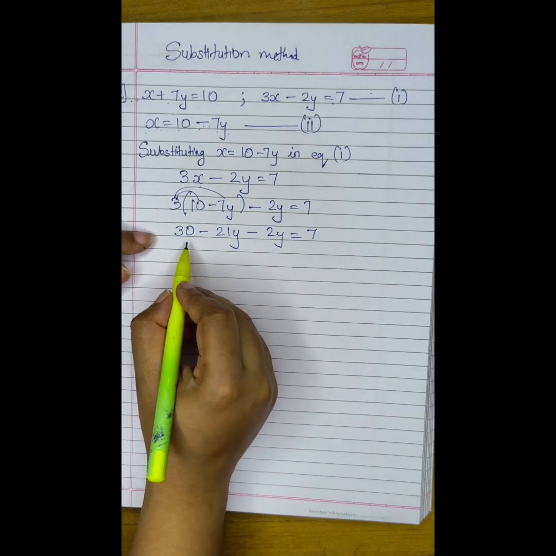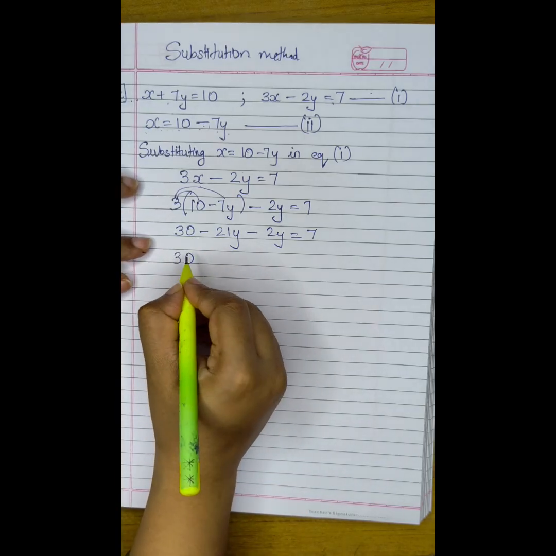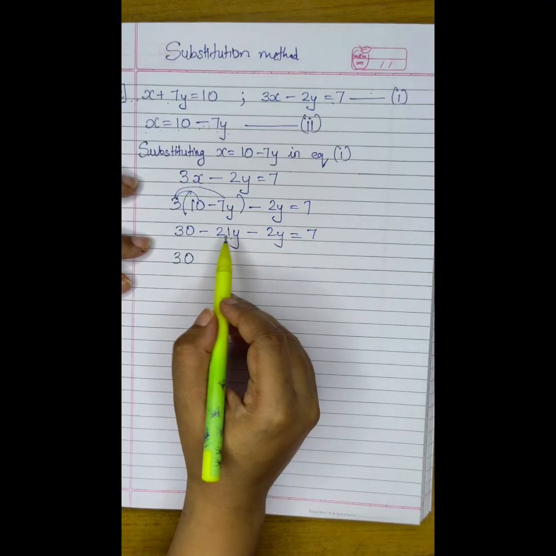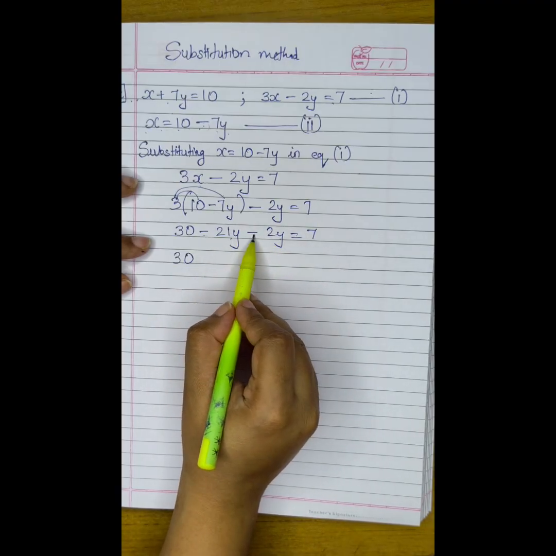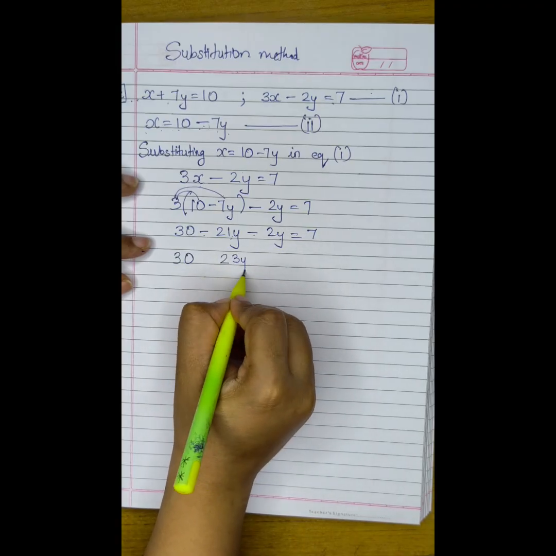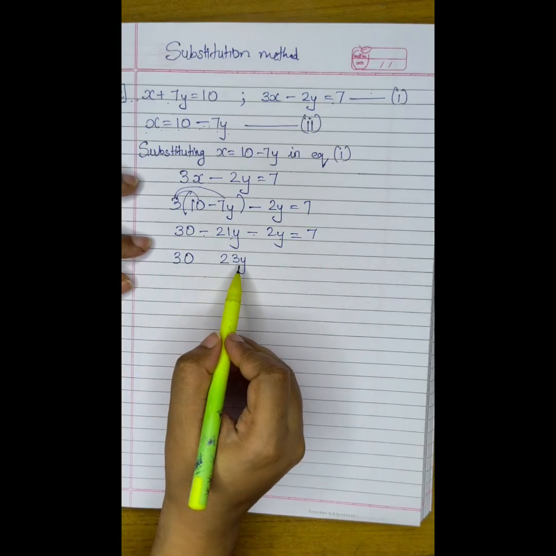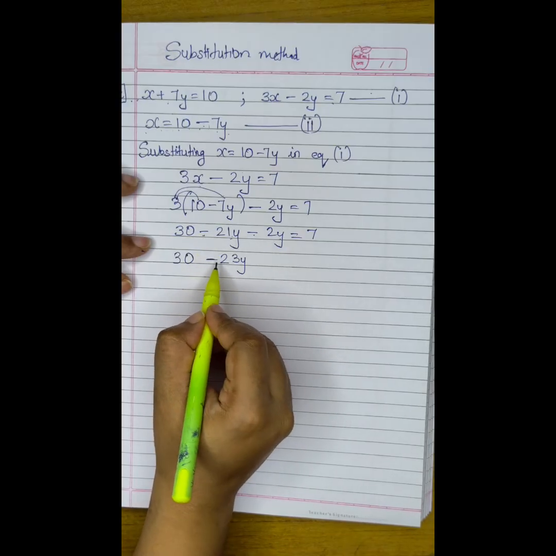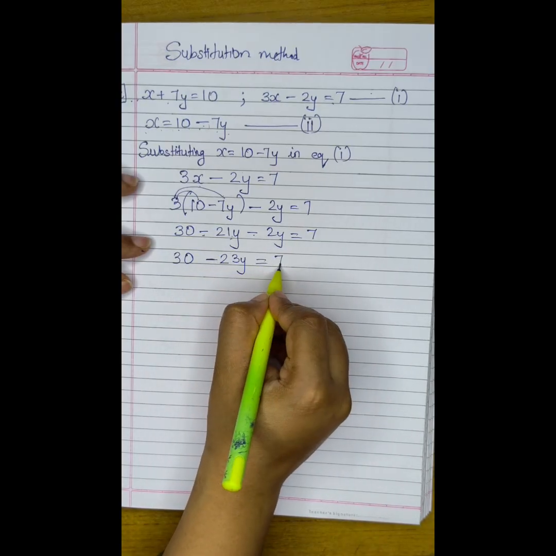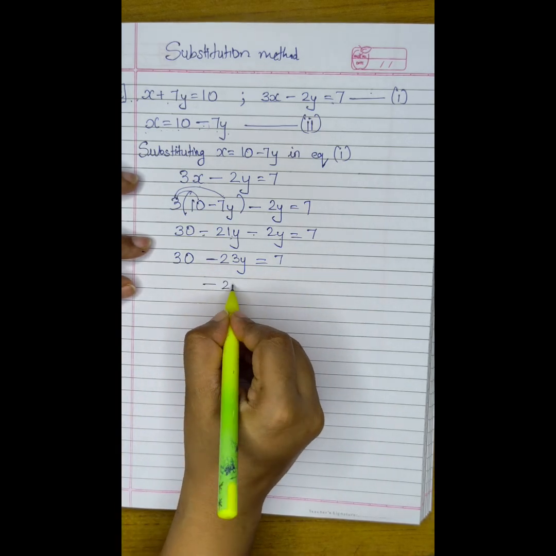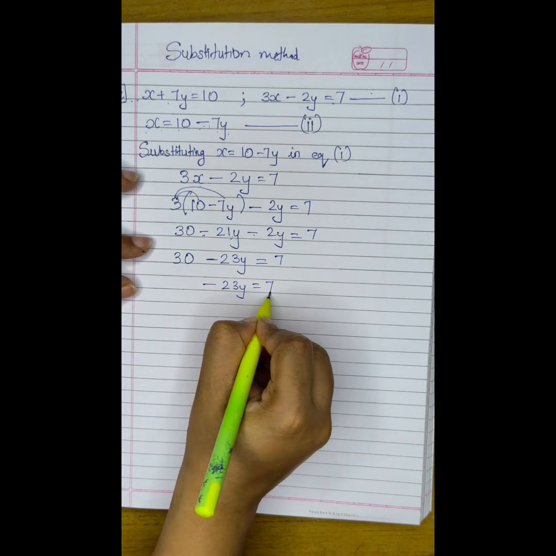Now keep this 30 as it is, minus 21y minus 2y. Both are the same variable, so add 21 plus 2, 23y, with the sign of the greater number, minus. So 30 minus 23y is equal to 7.